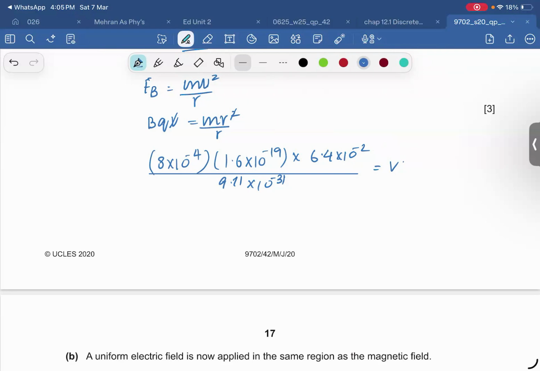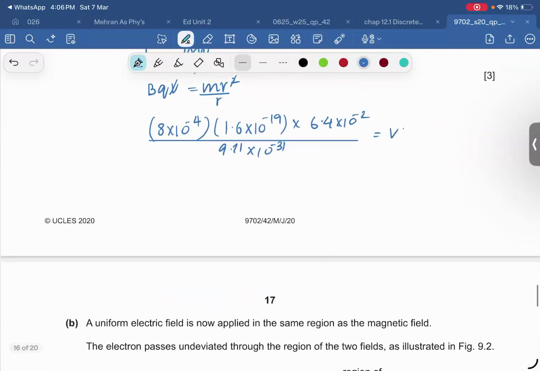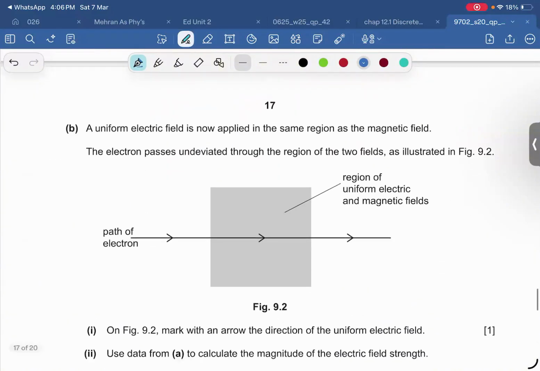It's 8.99 × 10^6, so that's just 9. Okay, you are saying 8.99 exponent 6, good. Please move on.